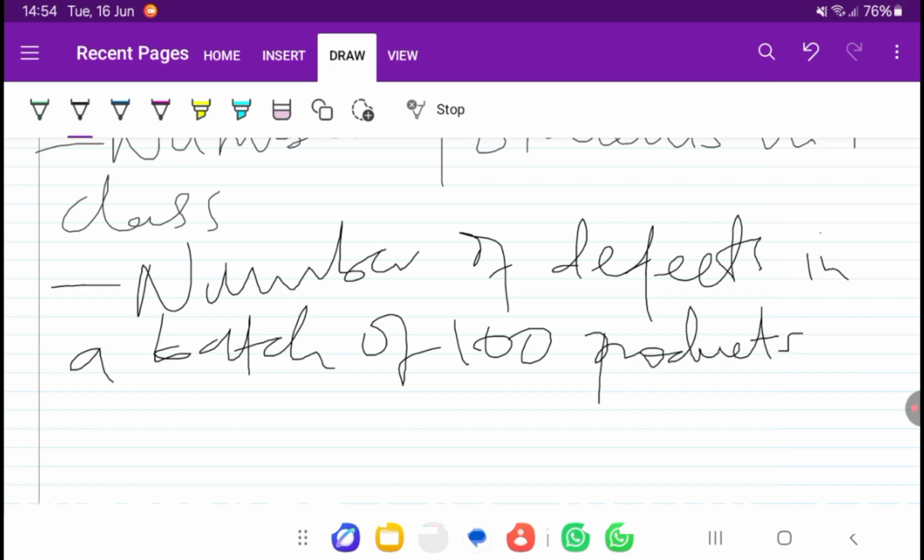So you look at this in a sense that these goods were produced in batches, and we want to know how many of those items are defective, or which of them are spoiled items.